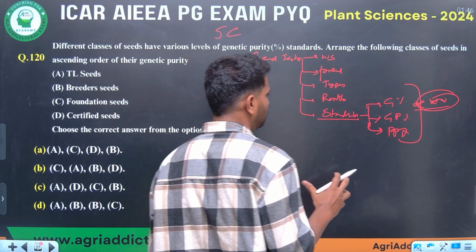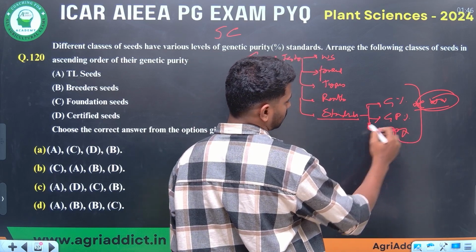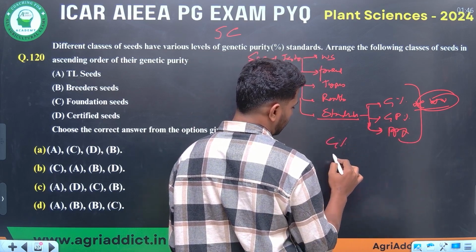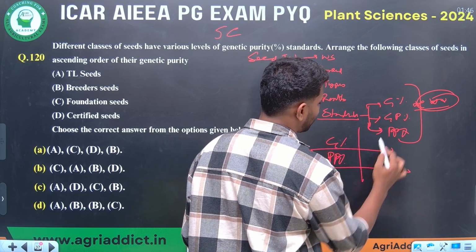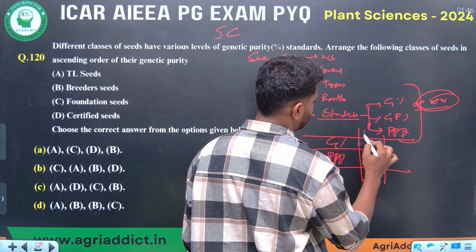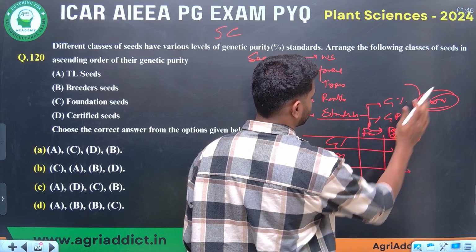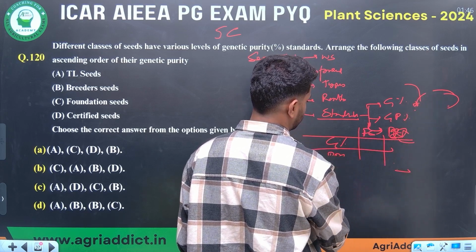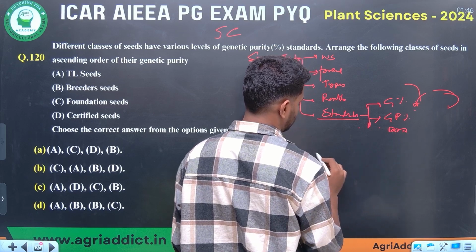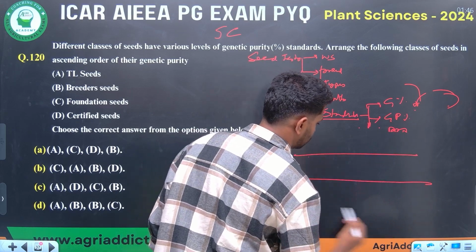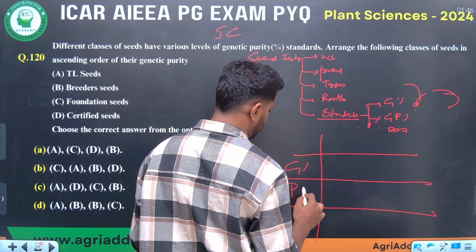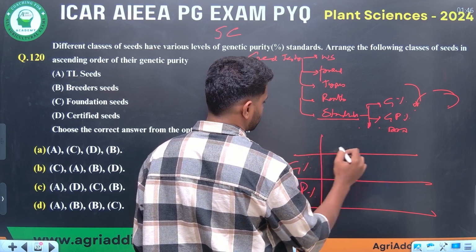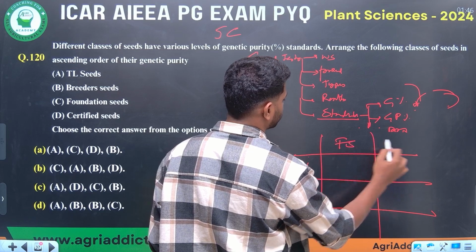These three are most important for your exam. And one more very important thing here is that germination percentage and physical purity percentage are the same for foundation seed and certified seed.